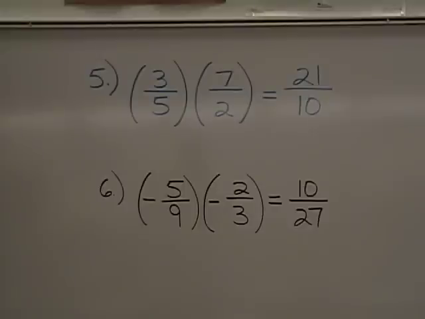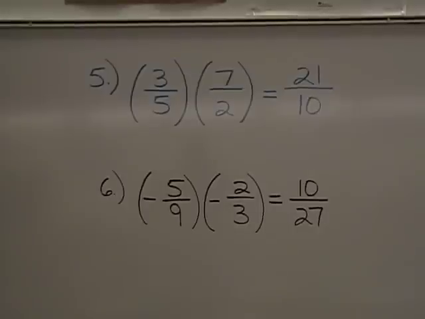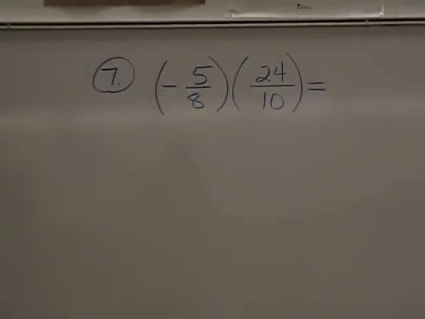Let's try a couple of fraction problems where we can do some cross-canceling. Remember that? In example 7, take a look first at what kind of fractions we have. We have a negative fraction times a positive fraction. Now again, every single time you do a multiplication problem, be thinking of what kind of answer you're going to have before you even start to do the multiplication.